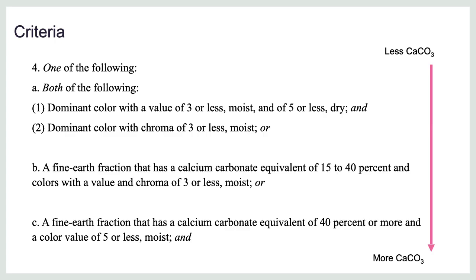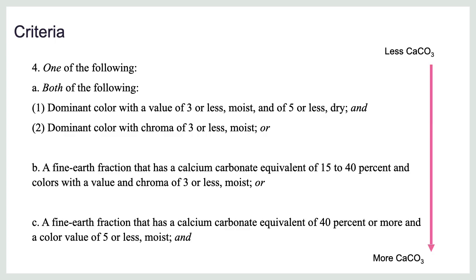So the color should be less dark, or at least could be less dark. Why am I saying that it could be less dark? Because when I increase the content of calcium carbonate, of course, it's easy to understand that the soil should be lighter or whiter, because the calcium carbonate has a white color.